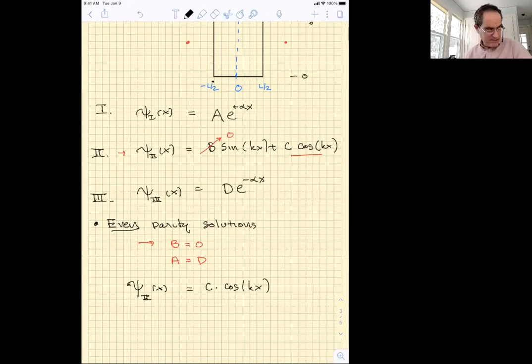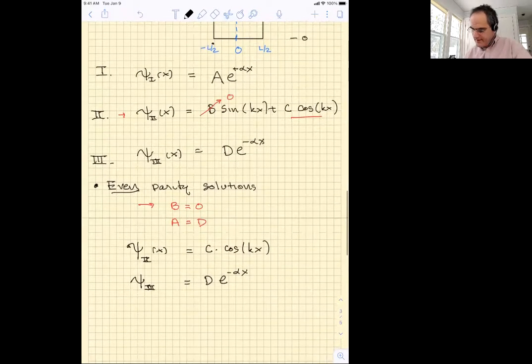And psi in region 1 or region 3 are simple as well. In fact, let me write down psi in region 3, and this can be written as d e to the minus alpha x.